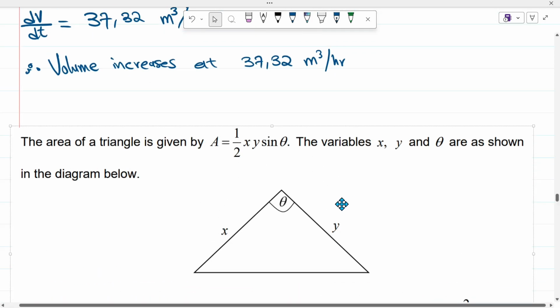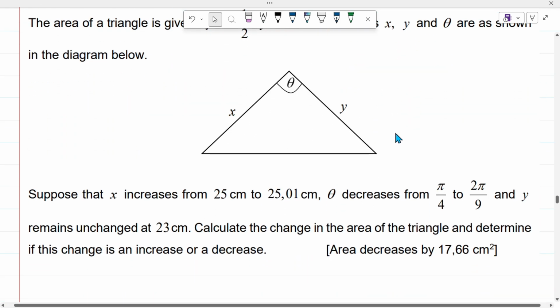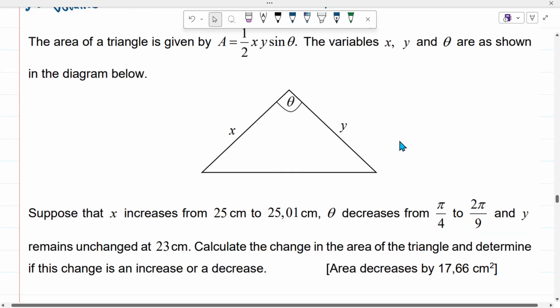So another question is this one. We are given that the area of the triangle is given by area equals 1/2 xy sine theta. The variables x, y, and theta are shown in the diagram below. Here's the diagram.